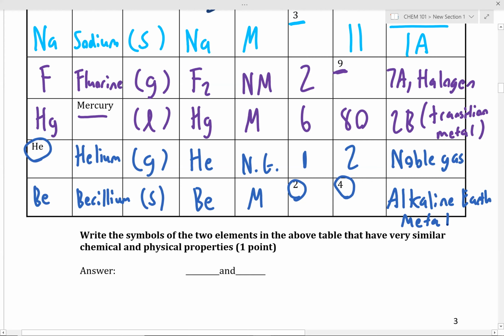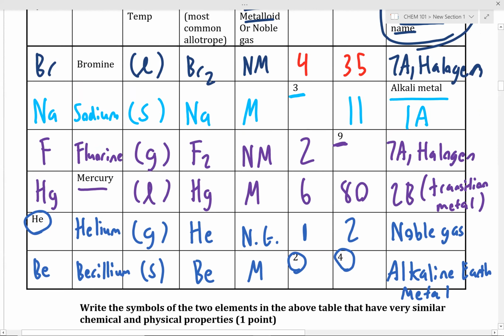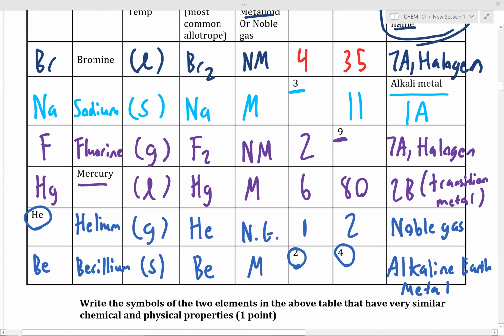Okay, remember how in class we discussed the periodic table is arranged in order of patterns of repeating reactivity. So if we have the same group number, does that tell us something about the elements having similar or different properties? Similar. So then what 2 elements in this table have the same group number and similar properties? Bromine and fluorine, right?